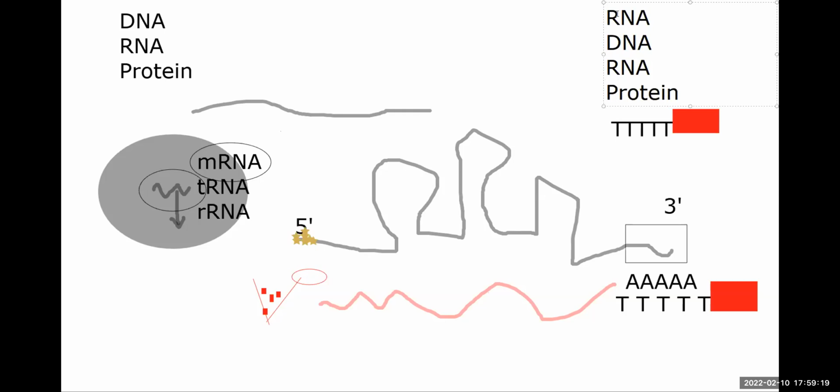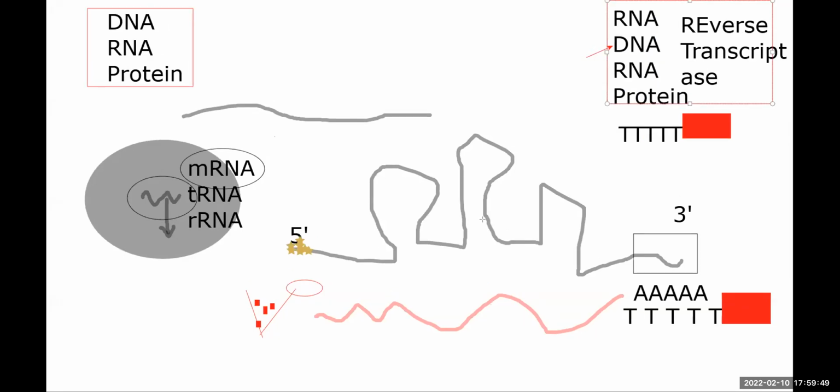Which virus does this? HIV. The enzyme that can reverse RNA to DNA is called reverse transcriptase. Pardon my spelling mistake. So HIV can reverse this central dogma of biology.